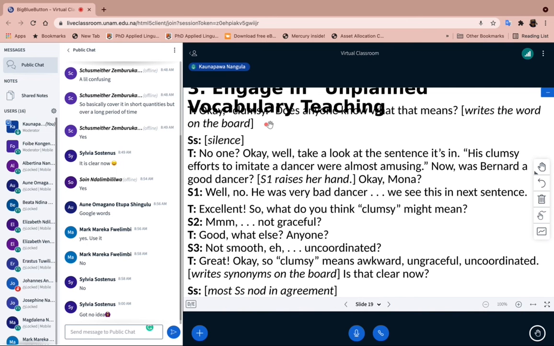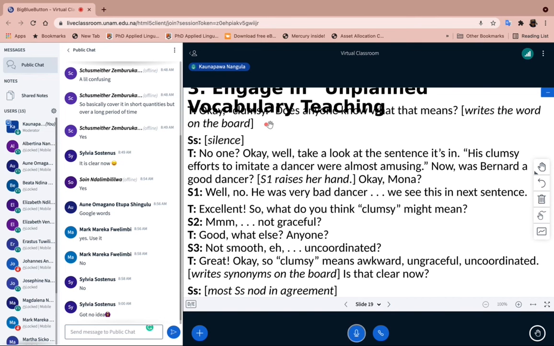And then the student goes, well, no, he was a very bad dancer. We see this in the next sentence. The teacher: excellent. So what do you think clumsy might mean? Student 2: not graceful? Good. What else? Anyone? Not smooth?